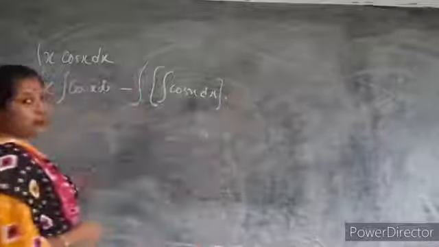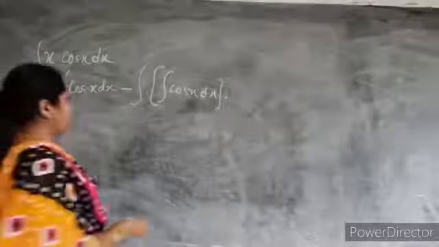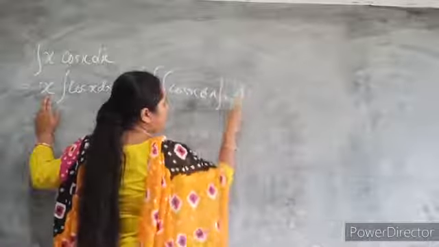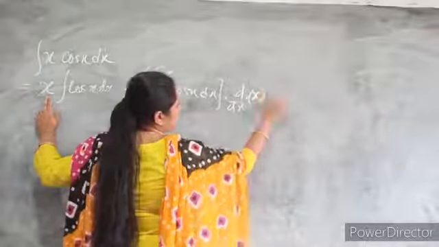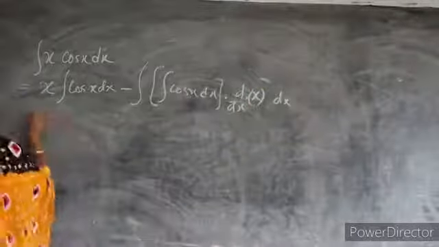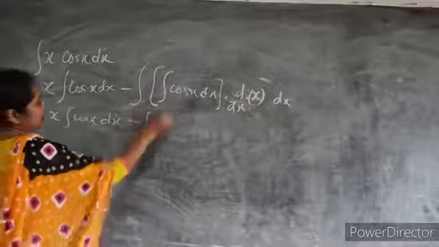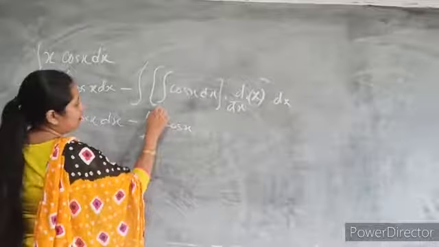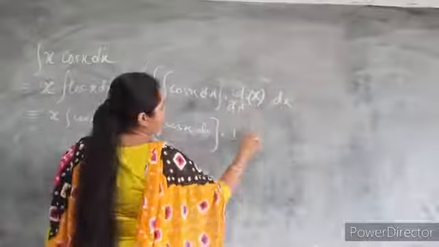F dash x means the first derivative of x, that is d dx of x. So this will be x integration of cos x dx, and d dx of x is 1 into dx.